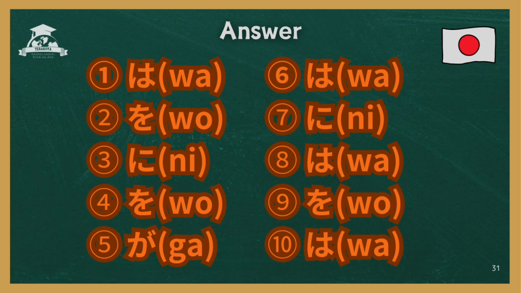Let's go. は、お、に、お、が、わ、に、わ、お、わ。Thank you very much. How many questions were you able to answer? It's important to review again, so let's keep practicing together.